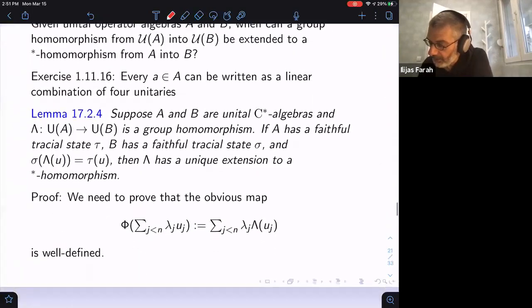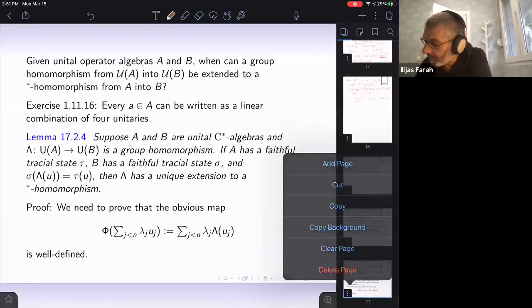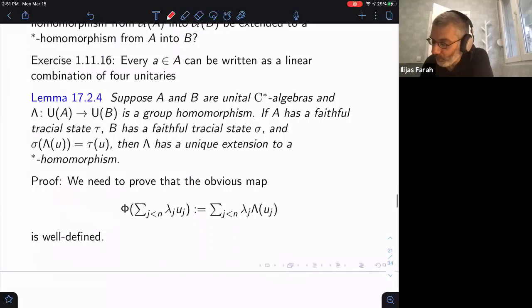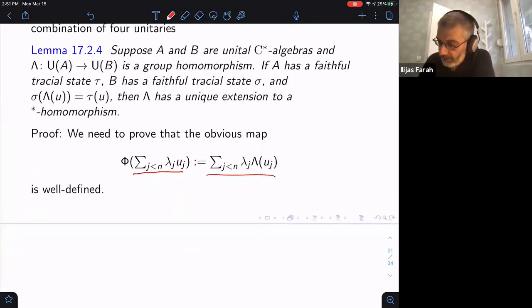All right. So basically, the point of the proof is you know what the map should do, right? But by the exercise, every element of A can be written like this. The u_j are unitaries. So we need to check that this obvious map is well defined. All right, so what does this mean?